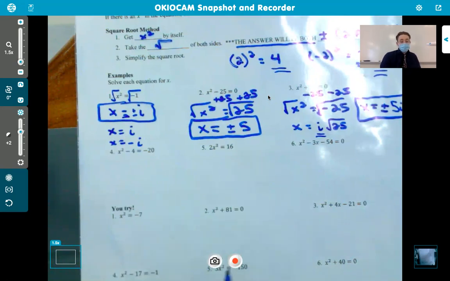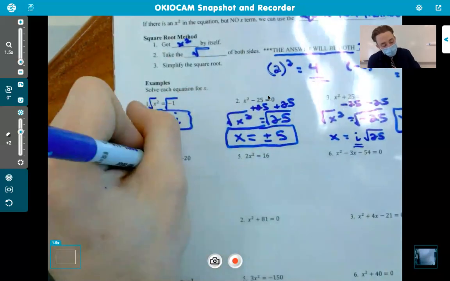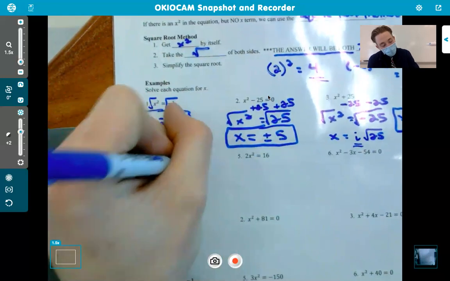Notice that my equation is not equal to 0 anymore, like in examples 2 and 3. So I have to take a little bit more into account here. Add 4 to both sides. Add 4 to both sides, right? My goal is to get x squared by itself, which I've done now.